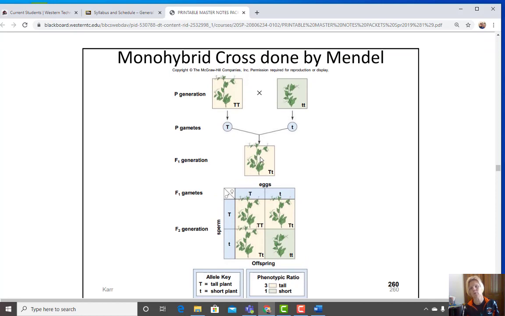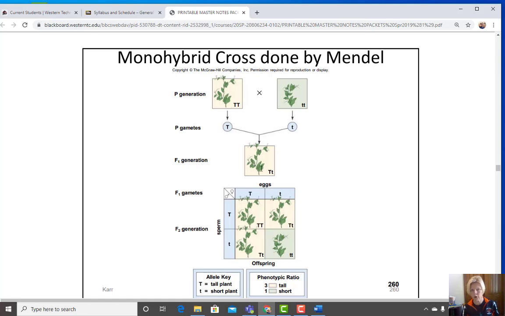Genotype is the combination of alleles that we can't see but we know is there. This is big T, big T, and this is big T, little t. So we have a homozygous dominant plant here and a heterozygous plant here. The genotype of this one is homozygous recessive, two little t's, and the phenotype is different. They look different. These two do not look different; they are phenotypically the same. They both are tall. They have the dominant allele, so that's what they express.